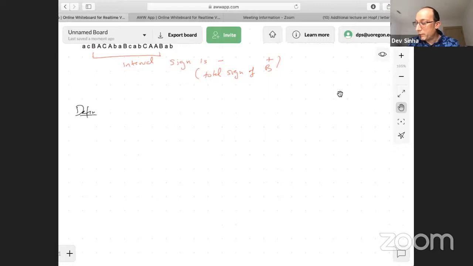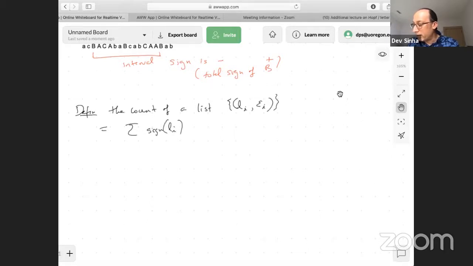Going back to lists, the count of a list, which remember is L_i, a collection of that, is equal to the sum of, I'm going to take the sign of L_i, which is just plus if it's a generator, or minus if it's an inverse, and multiply it by epsilon_i.